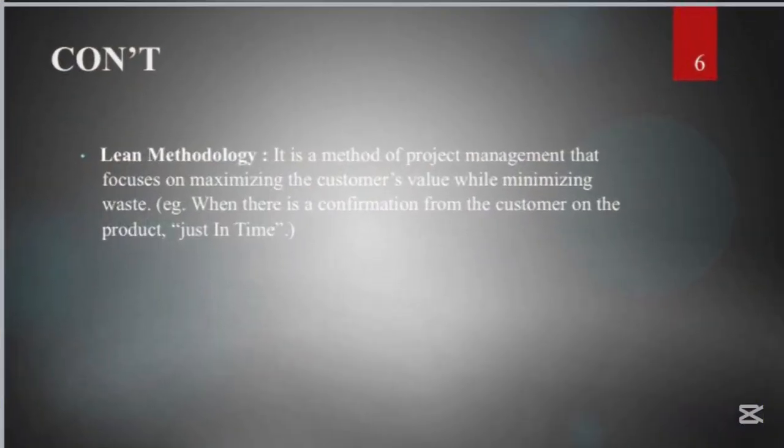Then the next methodology is the lean methodology. This focuses on maximizing the customer's value while minimizing waste. A critical example is confirmation from the customer on a product and the just-in-time method.